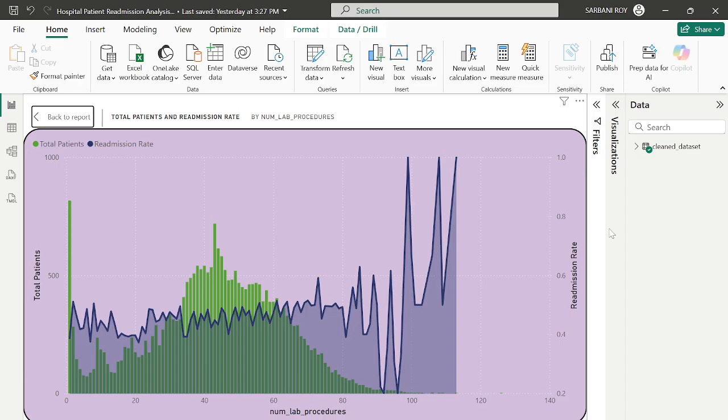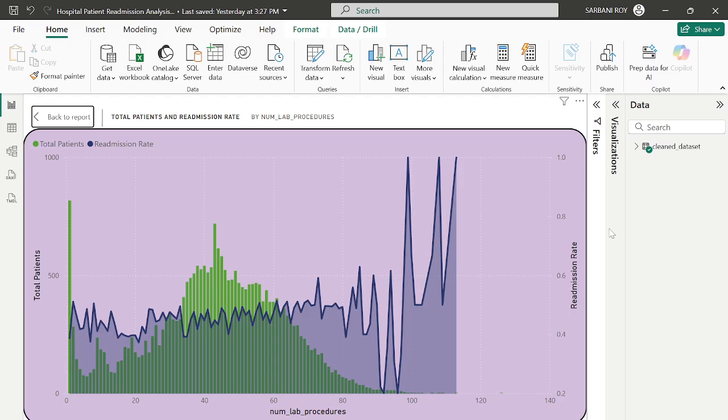This helps us to indicate if lab procedures are associated with a higher chance of being readmitted to the hospital. Green bars are the total number of patients who had that many lab procedures, the blue line is the readmission rate for the number of lab procedures, and the light purple background is for visual contrast.